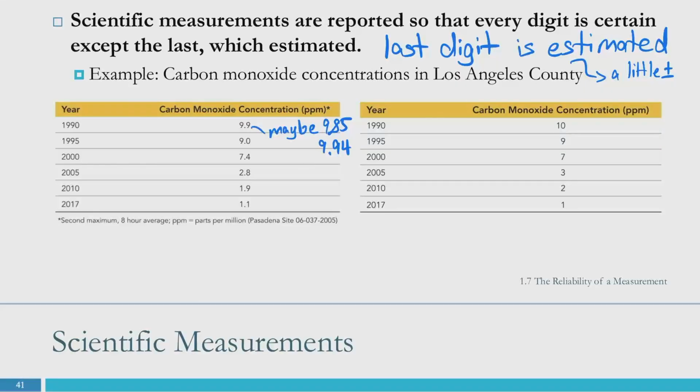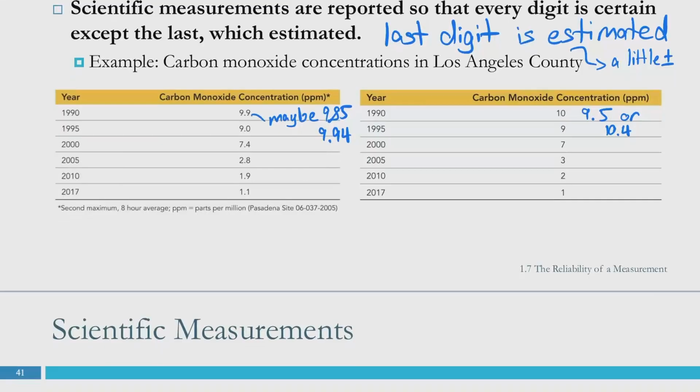It could be maybe 9.5, or on the other extreme, it could be something like 10.4 would be our actual measurement. It's a lot more variability. 9.5 to 10.4 is a difference of 0.9. Over here, it's a difference of 0.09. So we've got a smaller grouping. These numbers here on the left are a little bit better because we've got more numbers.